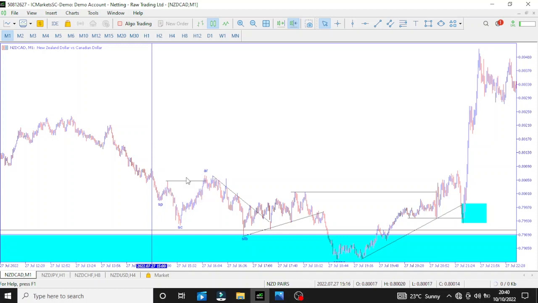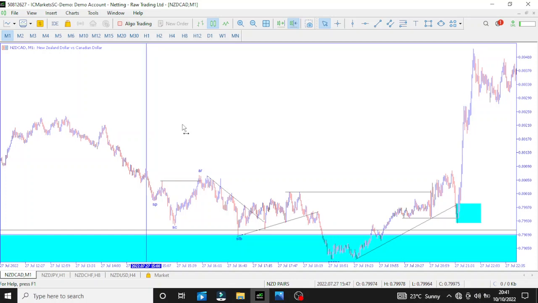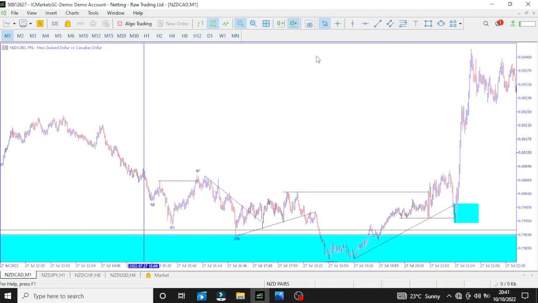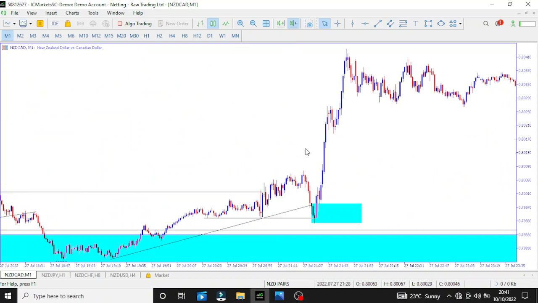This is the first one, first liquidity, second liquidity, third liquidity, fourth liquidity, fifth liquidity, sixth liquidity, seven types of liquidity or seven pools of liquidity were manipulated within the space of 1 minute. And at this point, we were good to take our trade.